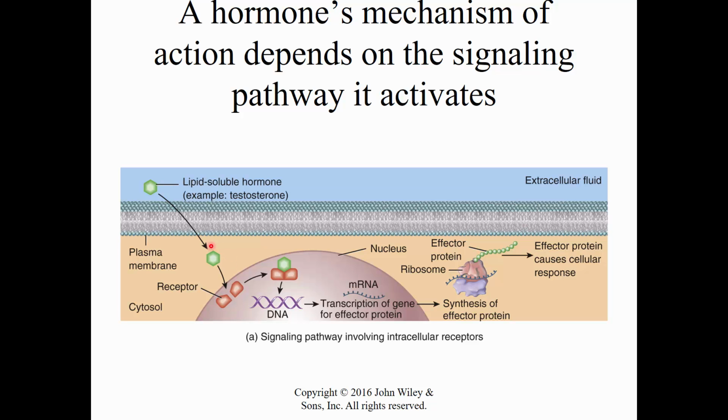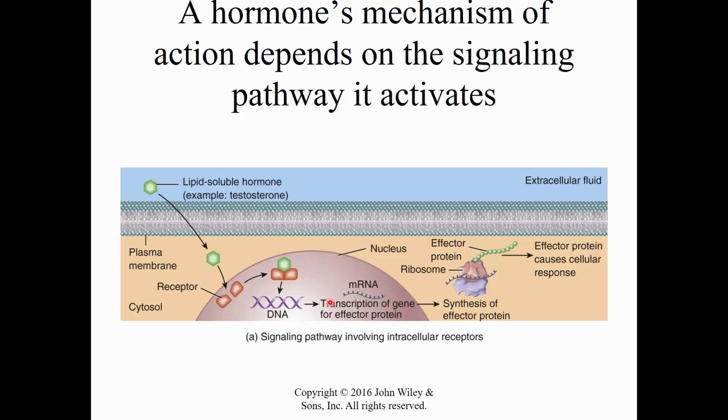So notice in this particular case, the steroid and the two receptors form a dimer, and now you have the hormone and the dimer, and they together act like a transcription factor. They bind to a particular part of the DNA. That DNA is transcribed through the action of RNA polymerase.